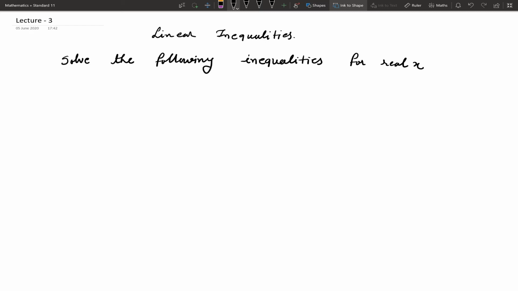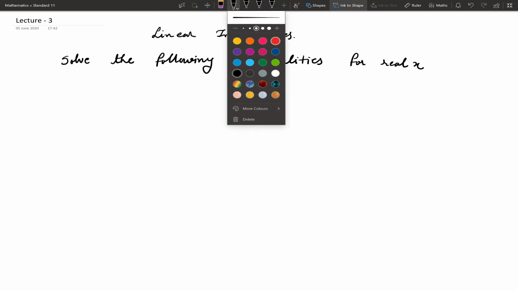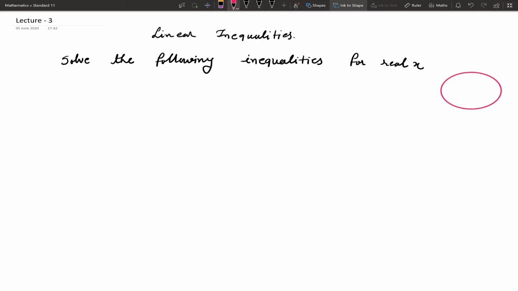The instruction is given: we have to solve the following inequalities for real x. That means we have to solve the inequalities for x belongs to R.